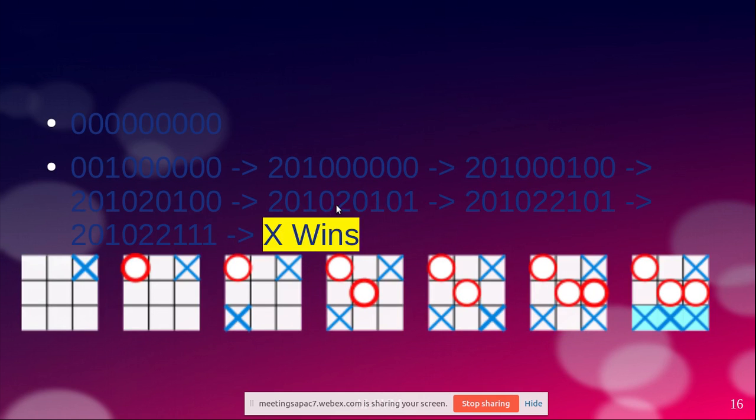This is how it looks when the game is going on. Player 1 puts a cross in the third place, so 1 comes here, then player 2 places a knot in the first cell, so 2 comes in the first place, then a cross in the seventh place, so the seventh place becomes 1, and that continues, and finally the eighth cell is placed with a 1 and X wins because all three ones are there in a row.